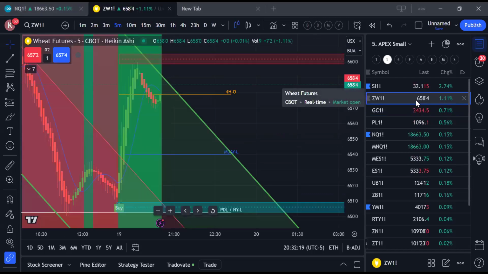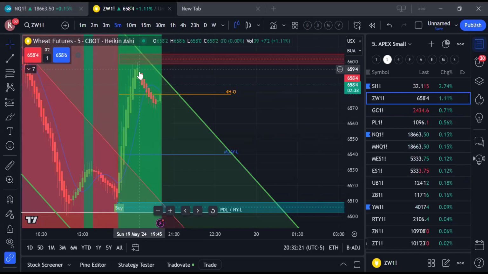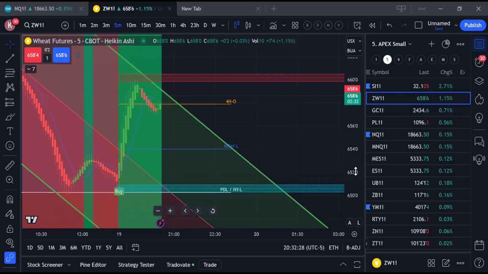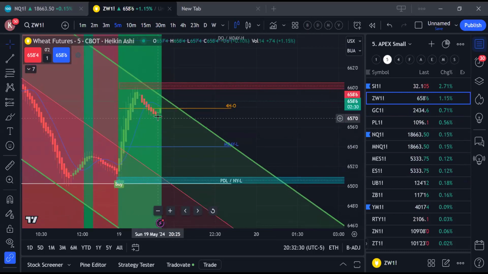We are waiting, because again, just follow the rule. We don't have a sell signal yet, and also it is in the bullish green zone. Maybe it may do a double top, and we may get a sell signal, and if it turns to red, we can take it. As of now, we are still waiting.